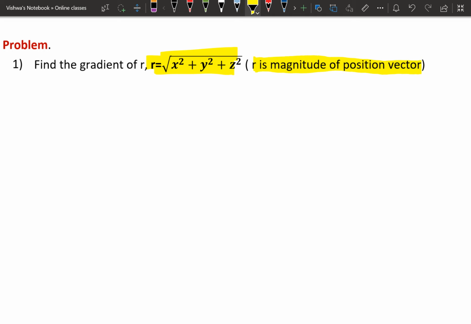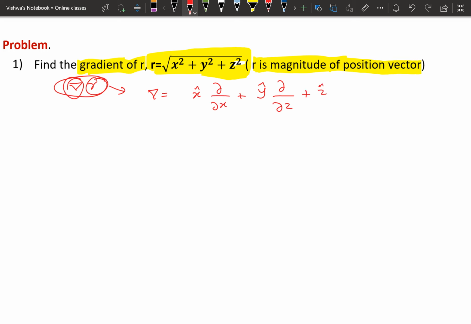So r equals the square root of x square plus y square plus z square. Now we have to find the gradient of this r, that is del r. First we know the del operator, then r. The del operator is given by x cap dou by dou x plus y cap dou by dou y plus z cap dou by dou z.